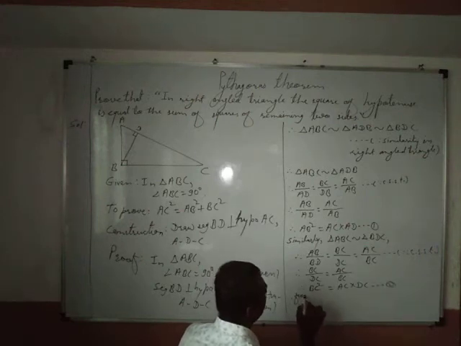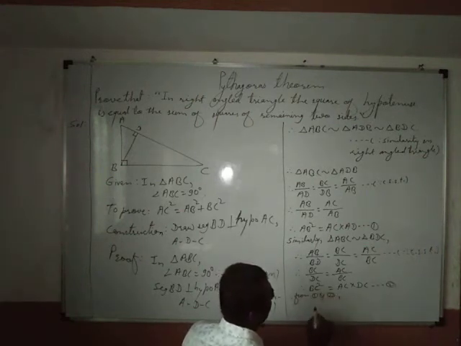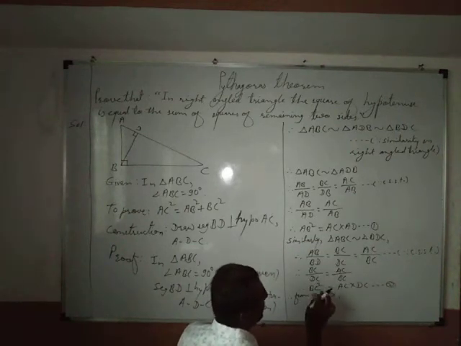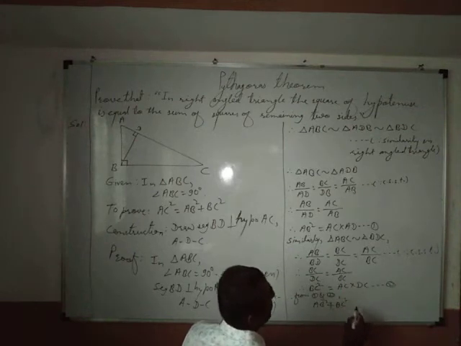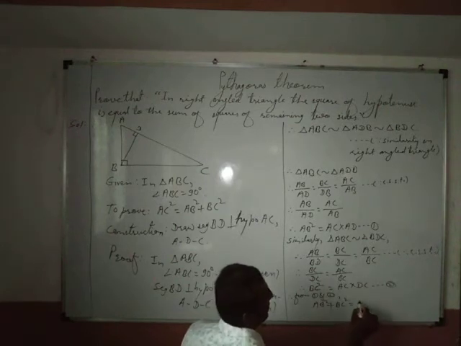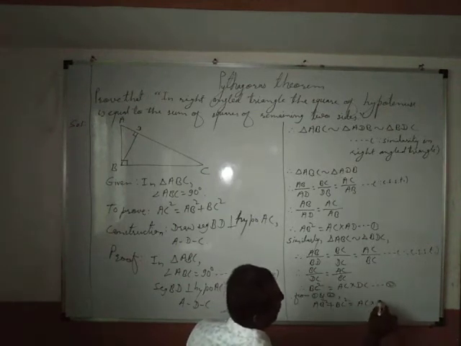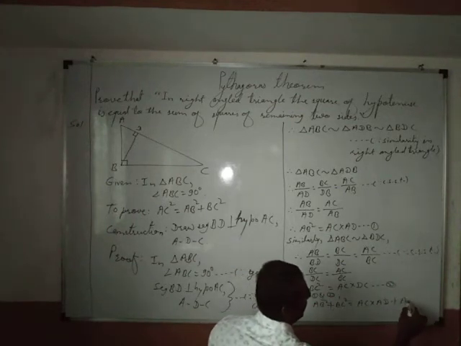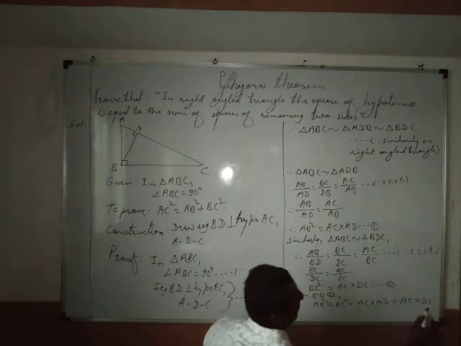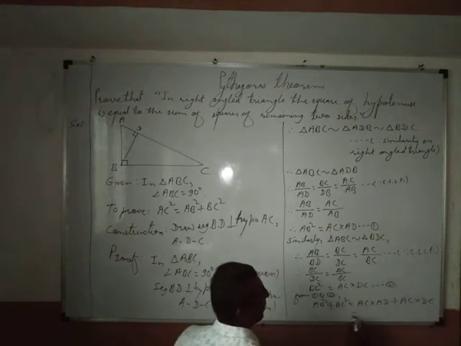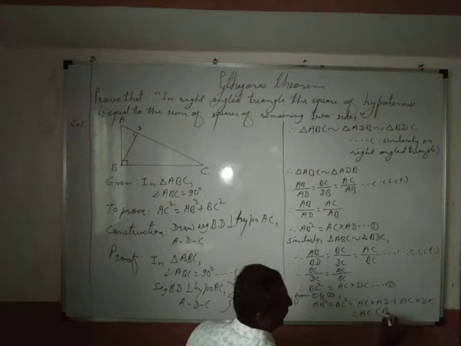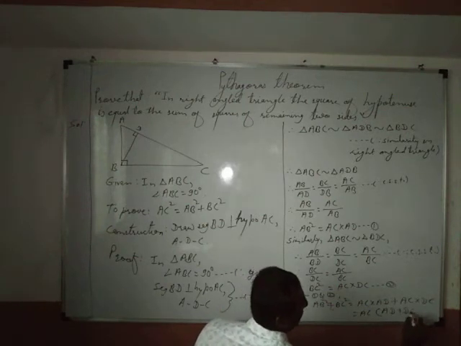And therefore from 1 and 2, equation 1 gives us AB square, equation 2 gives us BC square. AB square plus BC square equals, the right side of equation first is AC into AD plus the right side of second equation is AC into DC. Now on the right side you may note AC we may take out common, and therefore in the bracket there will be AD plus DC.